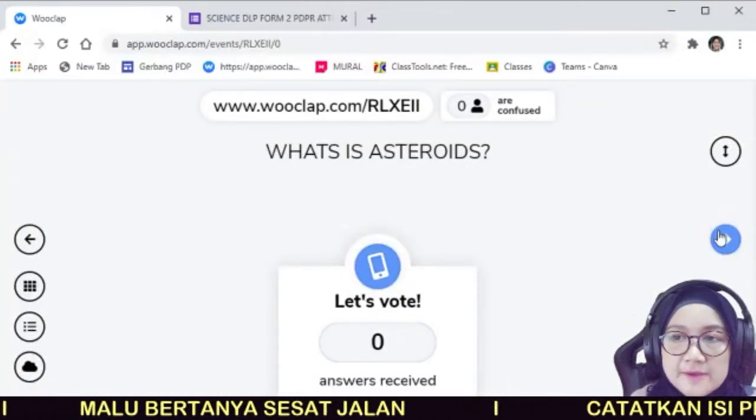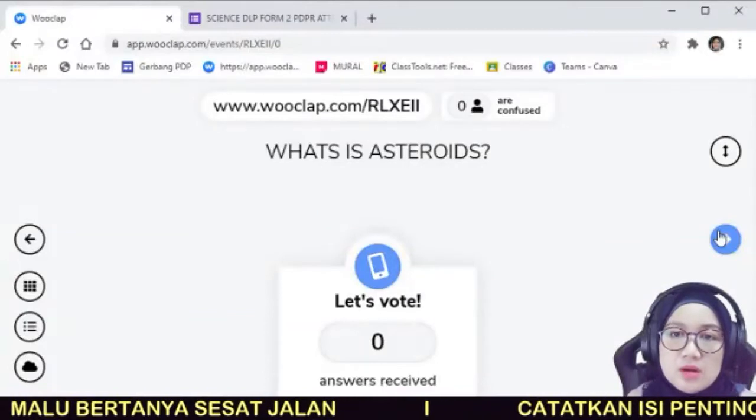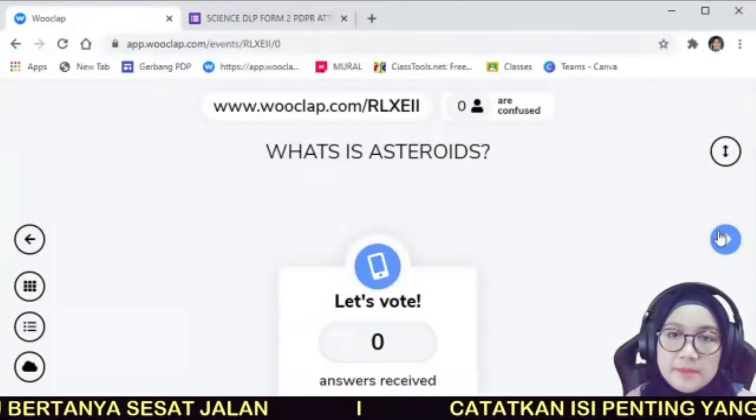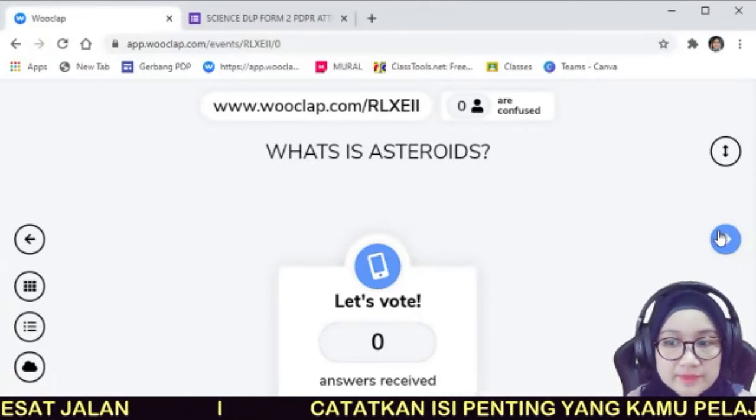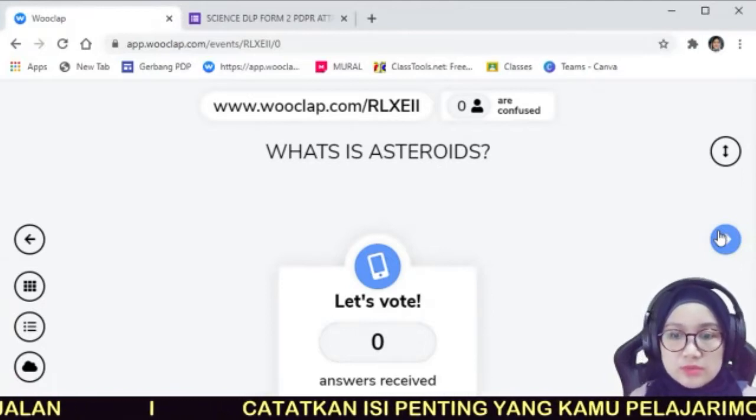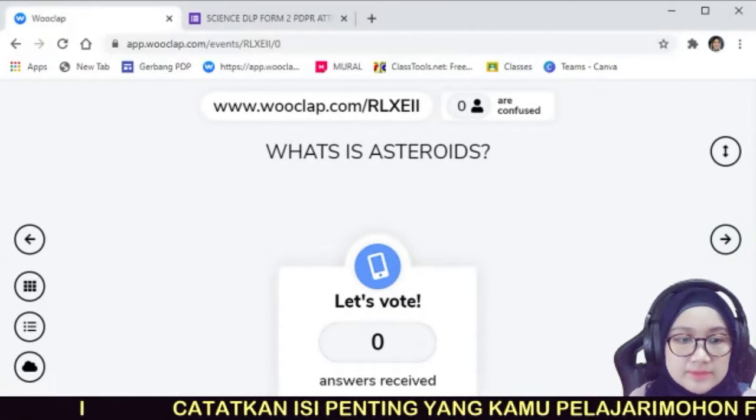Now we have just discovered meteors. Just now I said that the meteor is smaller compared to an asteroid and a comet. So what is an asteroid? You can refer to your textbook now. What is the meaning of asteroid?